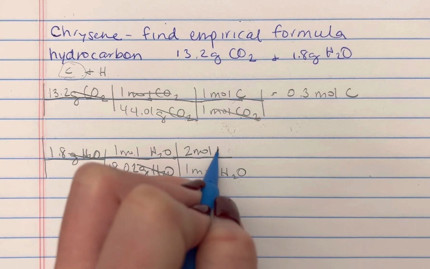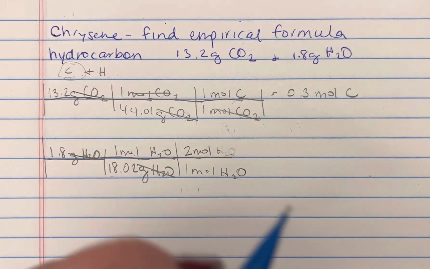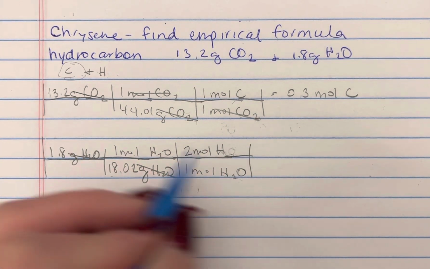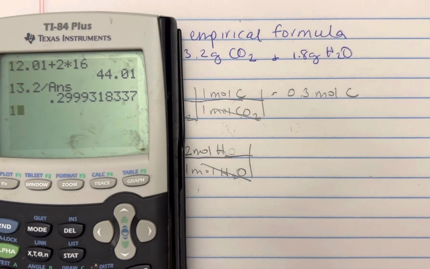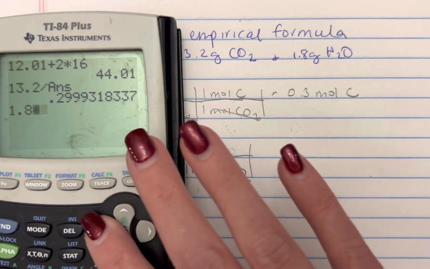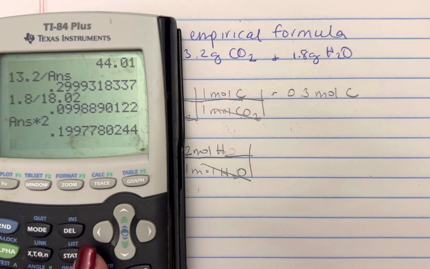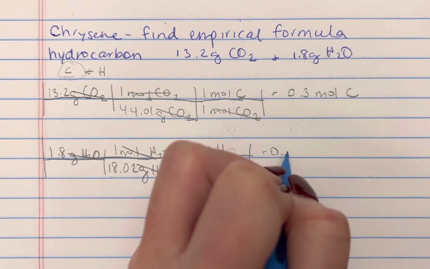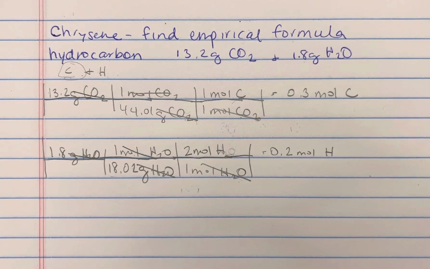So it takes 2 moles of hydrogen to get 1 mole of water. So that's the secret really to this problem. So we have 1.8 divided by 18.02, and we need to multiply that by 2. So we get 0.2. That's what I'm going to round to. 0.2 moles of hydrogen. So that's all we have.